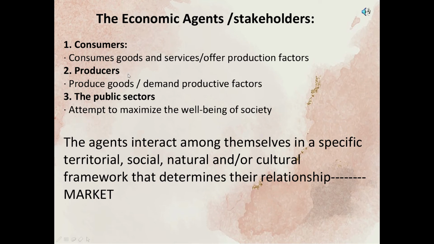Producers are the ones who produce goods and or services. They are the ones who demand productive factors. And lastly, the public sector. Public sectors attempt to maximize the well-being of society. It could be our government.